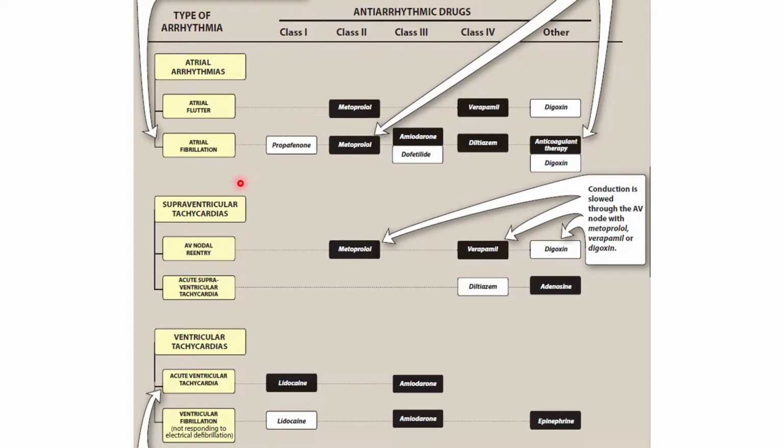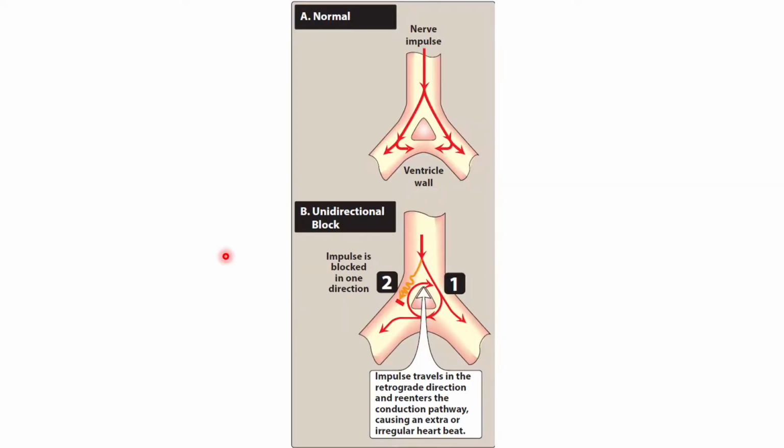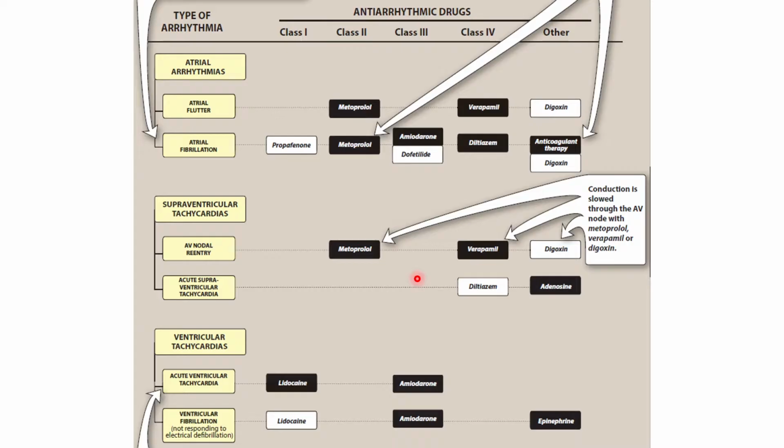So then the second group is the supraventricular tachycardias. Supraventricular tachycardias can be mostly 2 types: atrioventricular nodal re-entry, that is when the conduction re-enters where the block is, and that is retrograde conduction travel.